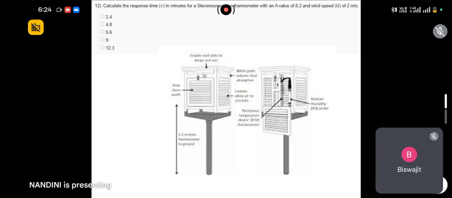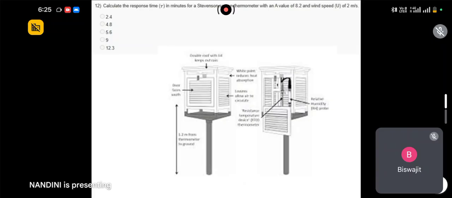It will have instruments that measure temperature, humidity, atmospheric pressure, etc. In order to avoid direct exposure to sunlight or rain, we generally keep it within a wooden box. That wooden box is known as the Stevenson screen.